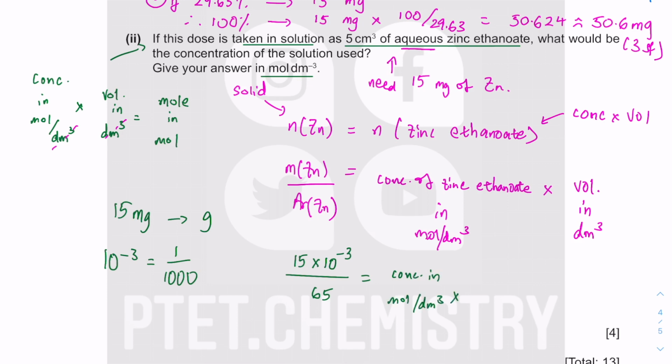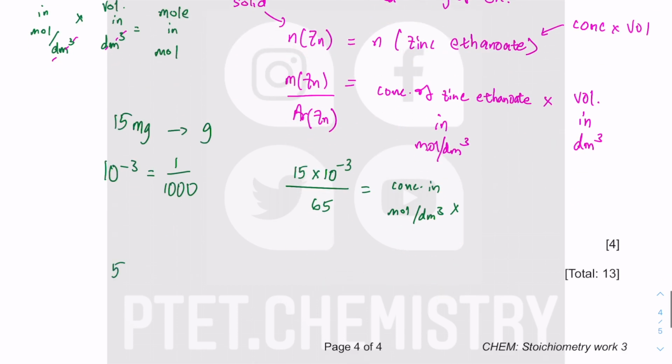What is the volume? The volume is 5 cm cube. So 5 cm cube convert to dm cube, 1000 cm cube, by the way, equal to 1 dm cube. So 1 cm cube equal to 1 over 1000 dm cube, which is the same as 10 to the minus 3 dm cube.